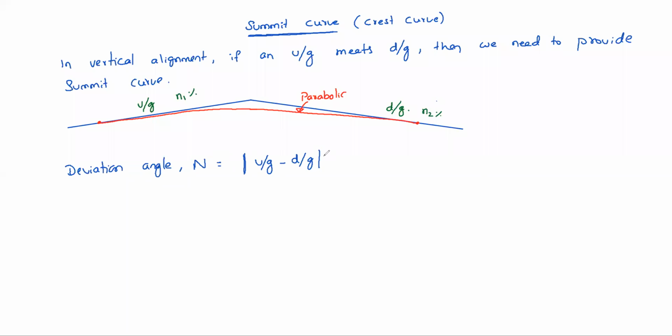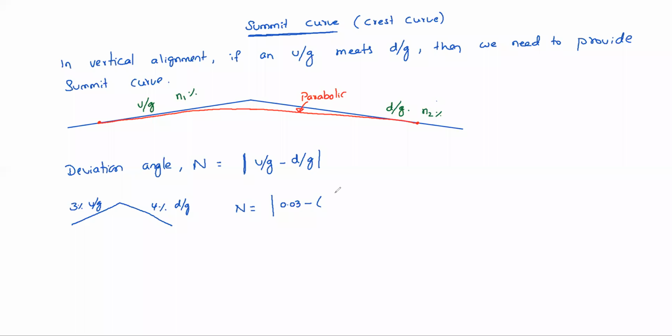Here, for example, suppose upgradient is 3% and down gradient is 4%. Then the n value equals the modulus of upgradient, 3% means 0.03, minus the down gradient.